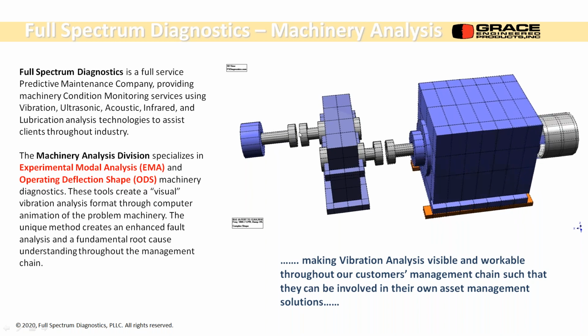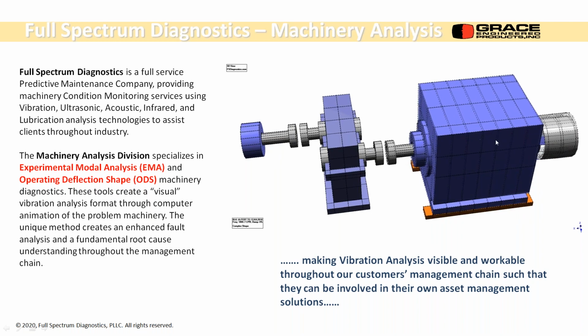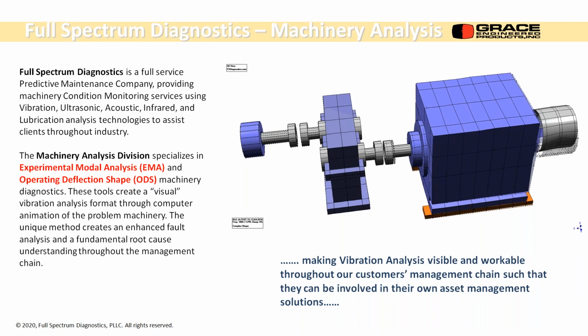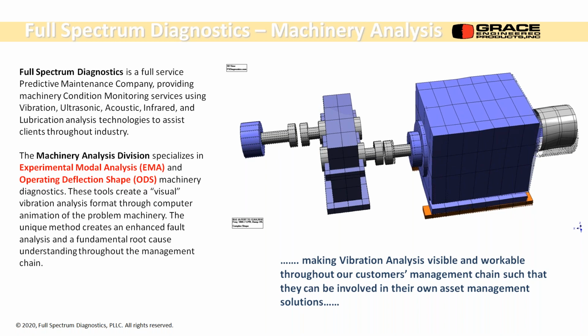There's nothing on this side; this coupling is running beautifully. But we're thrusting this coupling and we're pitching the generator a little bit. So there's a couple of problems that we can see right away. You might not know anything about vibration, but it makes total sense to see the motion. This is a phase analysis, kind of phase on steroids, and we'll get a little more into phase analysis in this section today.